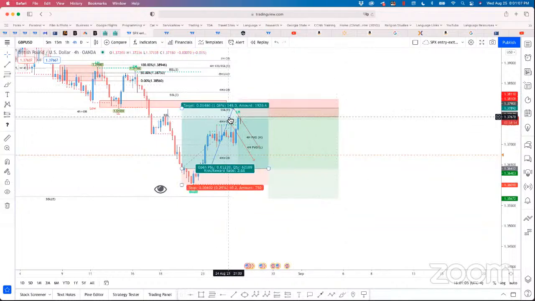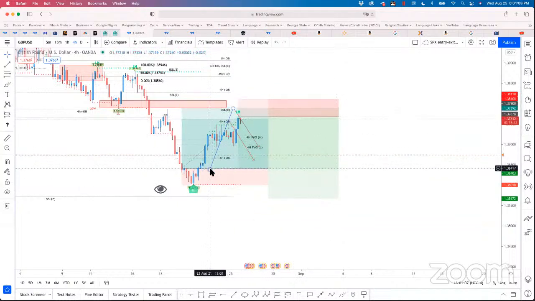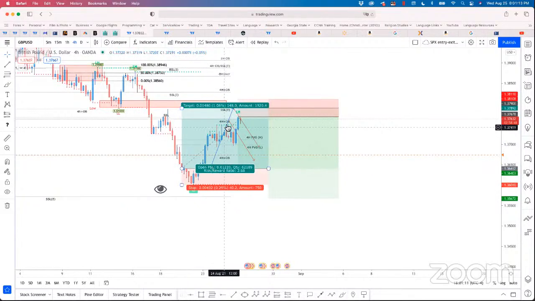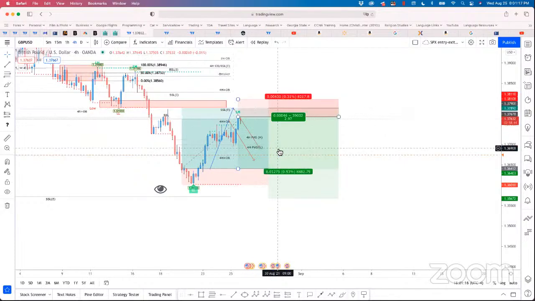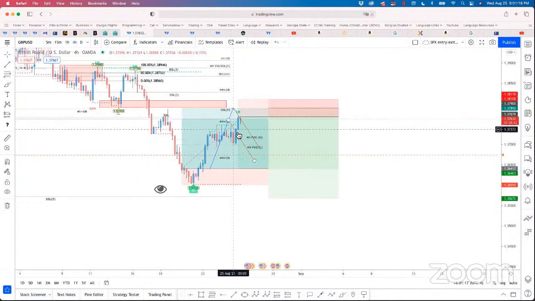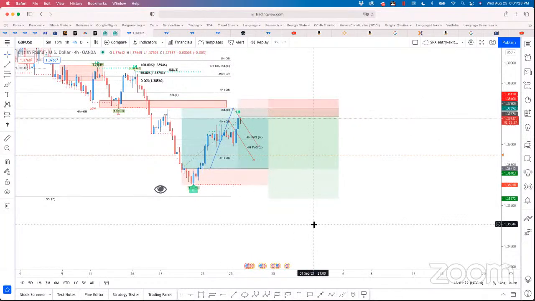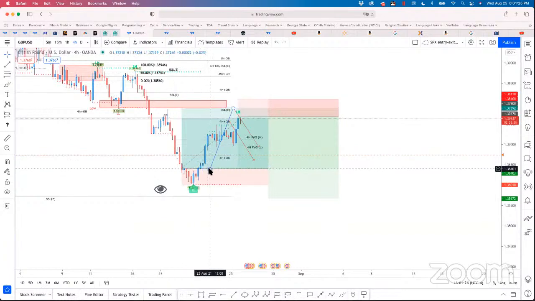And if you see my drawing, right, I was expecting price to push up from this area, this low right here, to here or here and then reject. That's what this little drawing means.